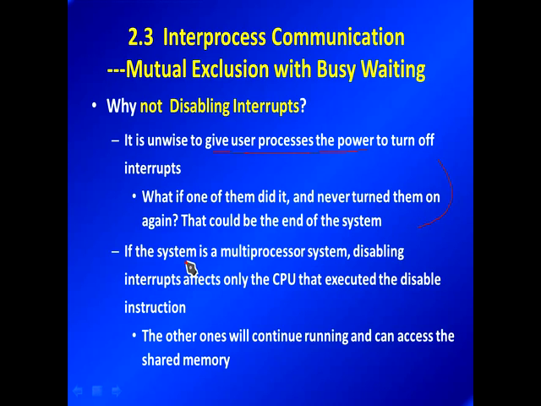And also, we just explained the second condition, right? If you still remember, there are no assumptions about the number of CPUs. If you just disable the interrupt for this CPU where this process is, you cannot disable the other CPUs in the same computer. So the other processes can get into their critical regions.